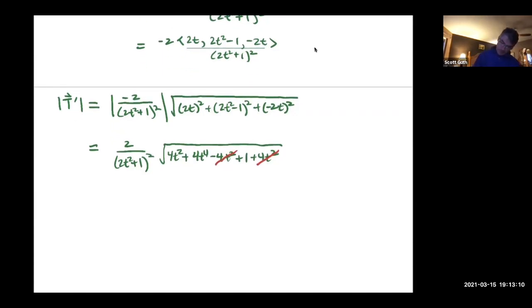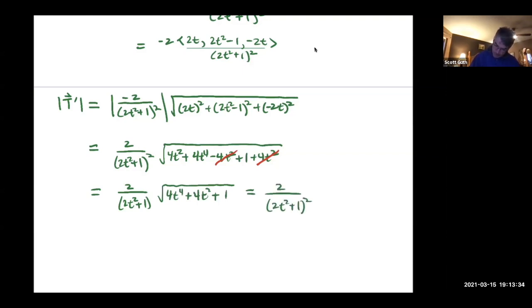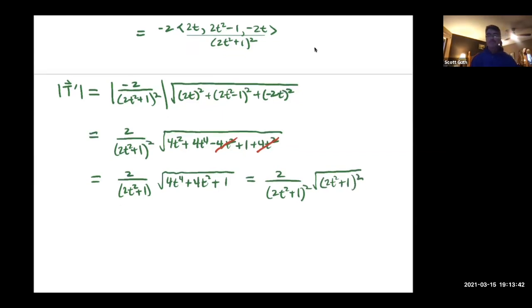And then let's write it in descending powers. So you get 2 over 2t squared plus 1 times the square root of 4t to the 4th plus 4t squared plus 1, right? Which is a perfect square inside. Technically, there's an absolute value when you take the square root of a square.